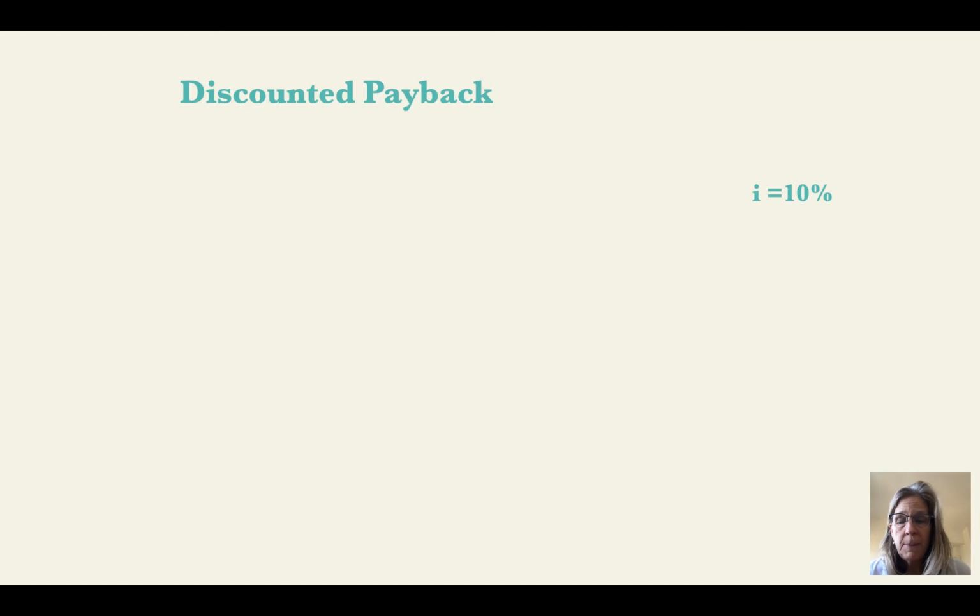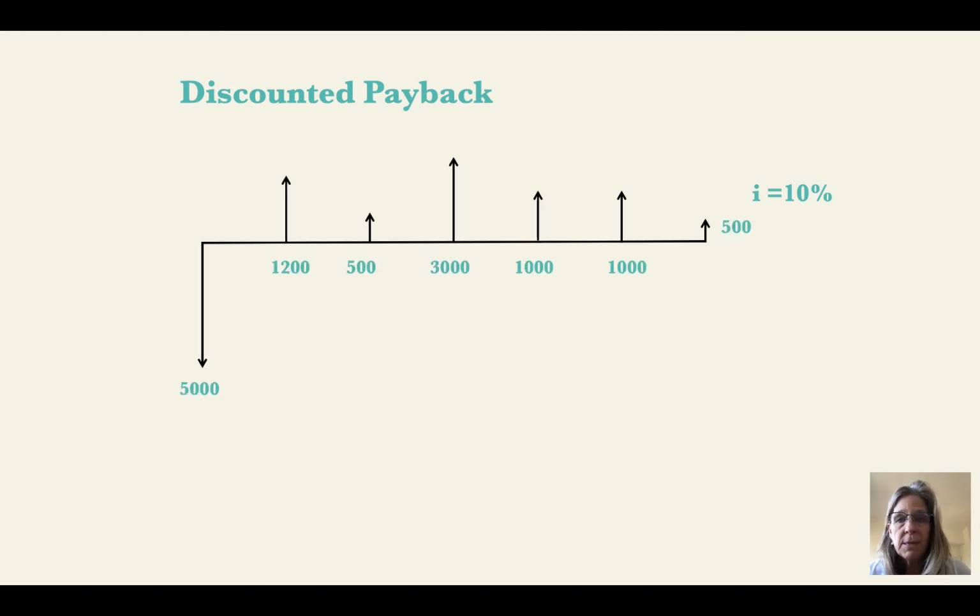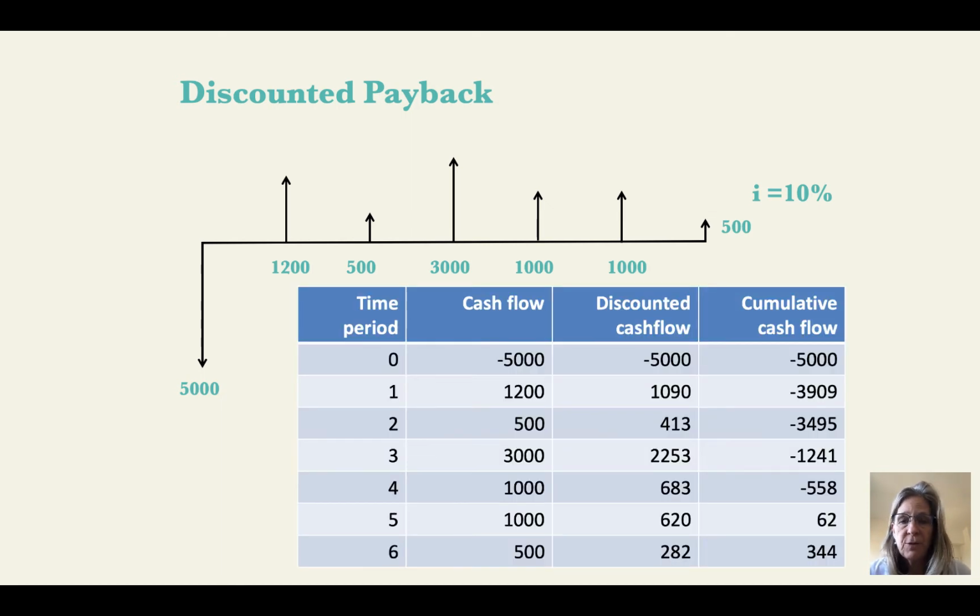So what people have developed, at least to take care of the time value of money, is discounted payback. In this case, we take the cash flows and we discount them back to time period 0, and then we calculate cumulative cash flows. So in this table, I have 4 columns now. One is the time period, the cash flow, and then the discounted cash flow.